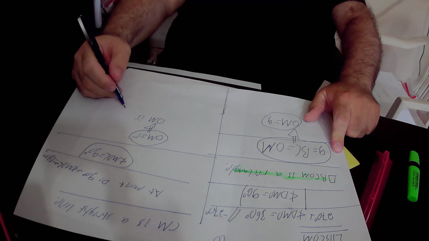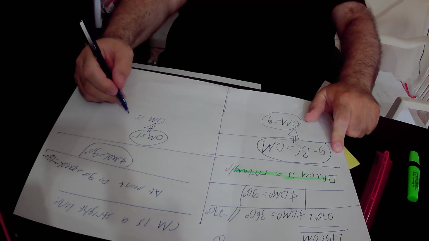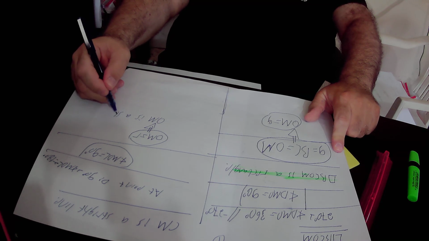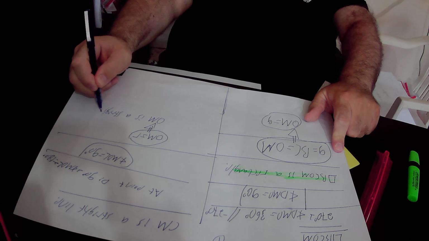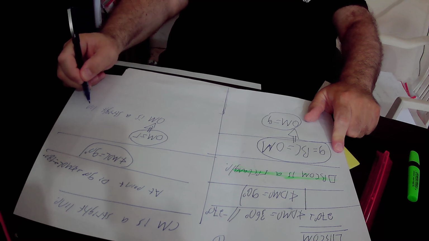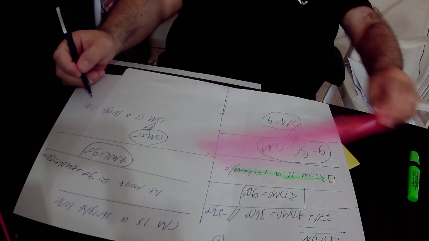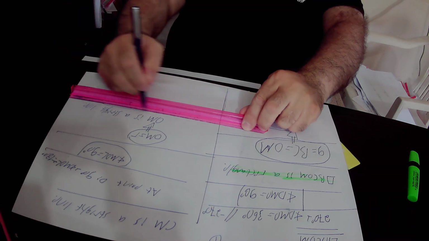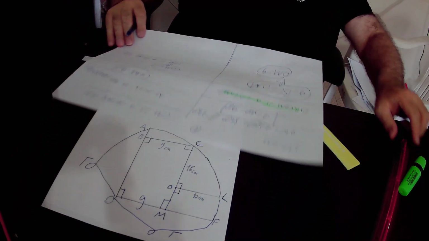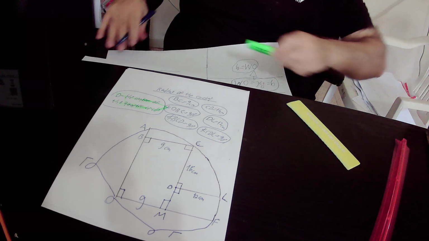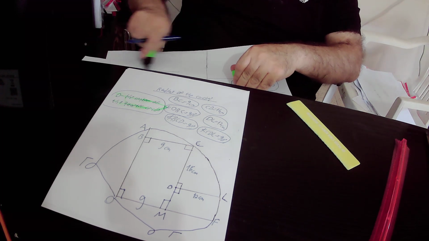It's the radius of the quarter circle. OM is a straight line.